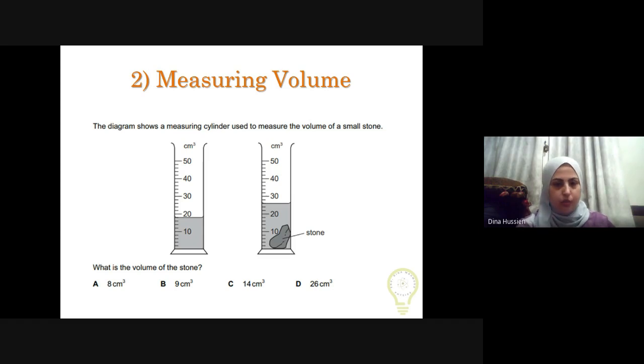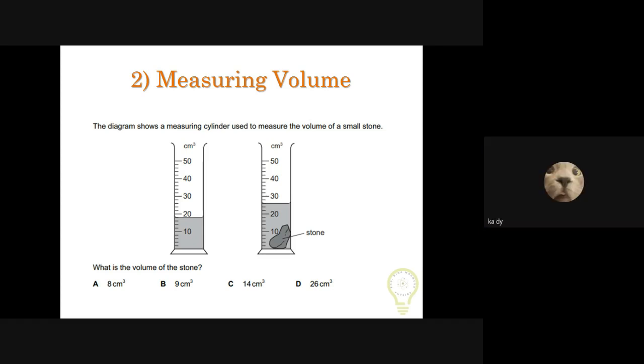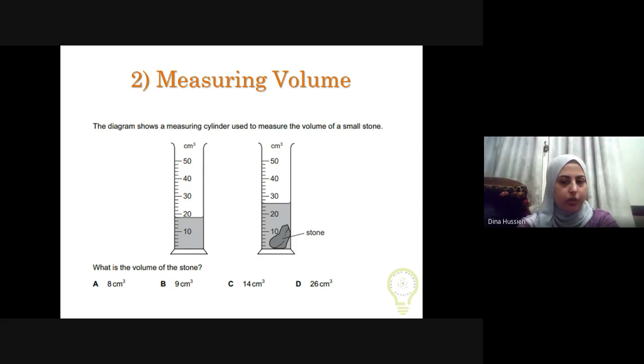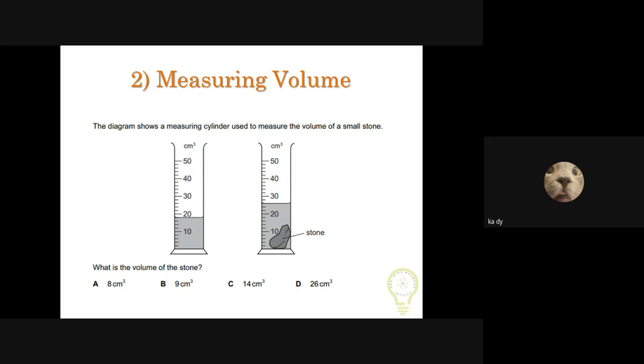Mai, thank you so much. I got the answer. Okay, so what answer did you get? I got A, because I subtracted the volume of the cylinder that has the rock from the other one.